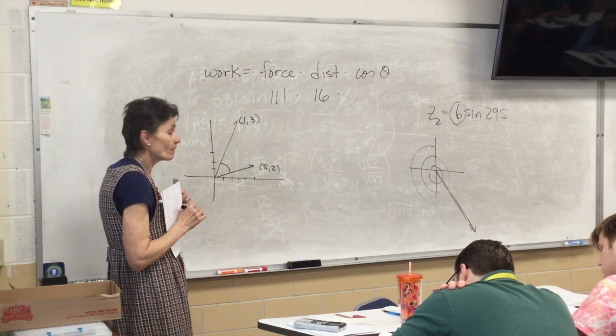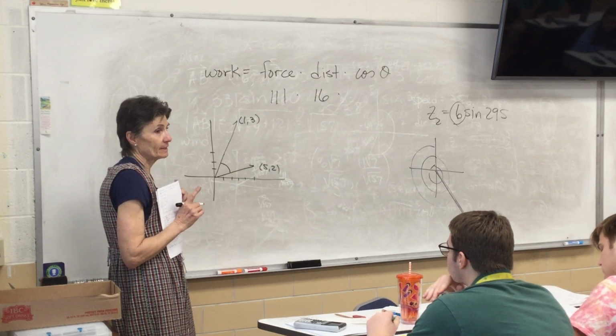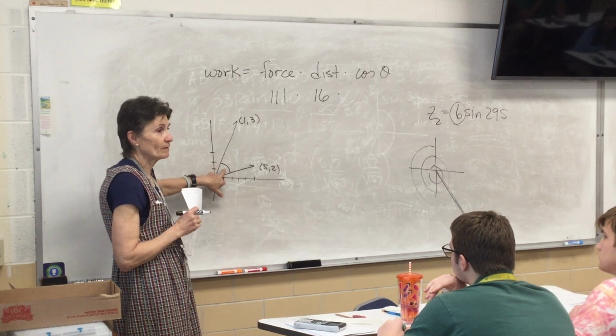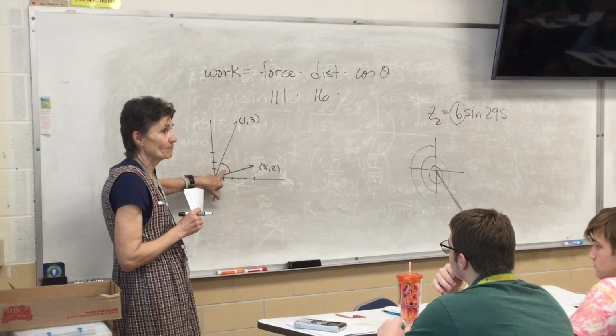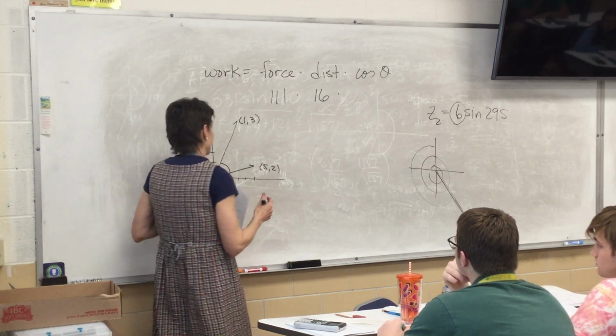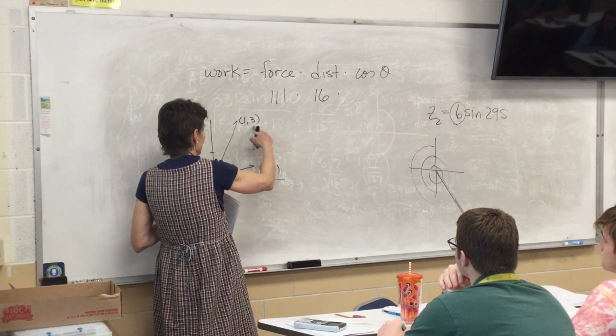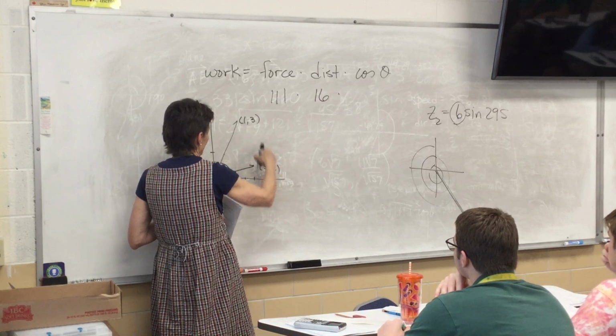Well, we've already done that today, one way anyway. How did we find the angle between two vectors earlier, Sam? We found the dot product and then set it equal to the magnitude times the magnitude times the cosine. So the dot product of these two would be what, 11?